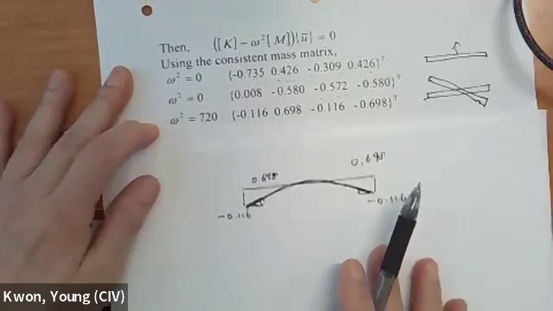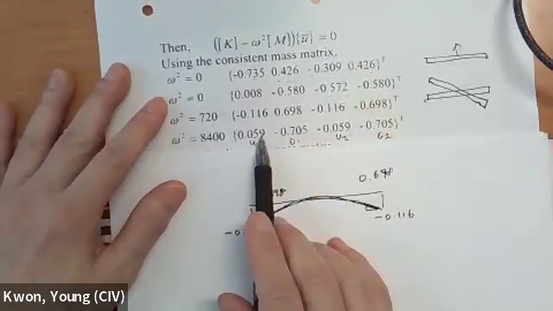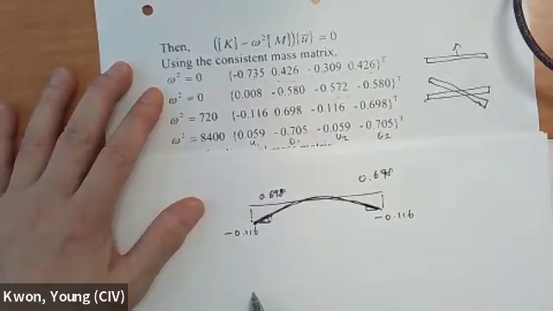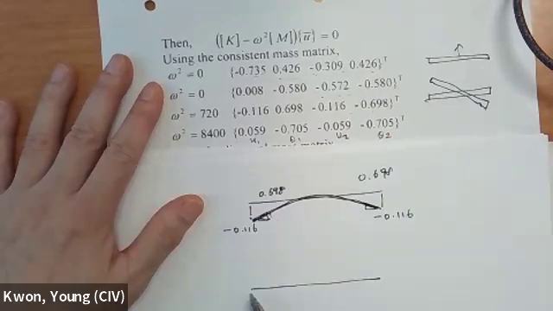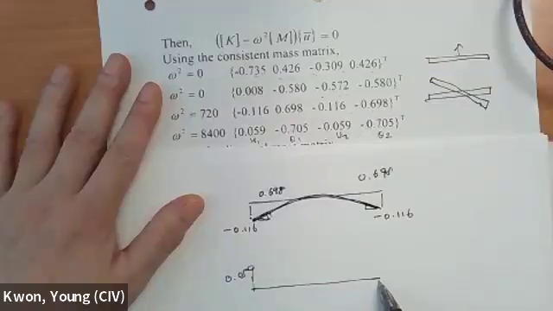Now, what about the second one? I mean, the second non-zero one. So here, this is positive 0.059, and this is negative 0.059, and the slope is in this case both negative.